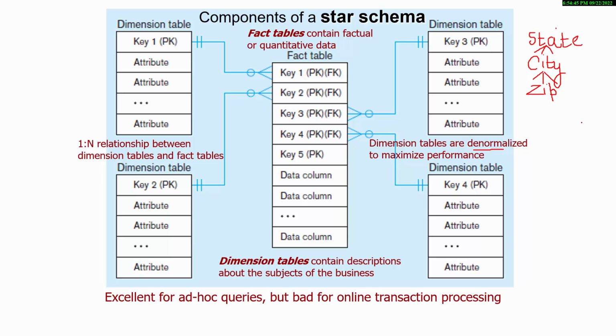Usually, if you are dealing with database tables, a lot of people like to store these fields in separate tables, as one table will be state, one will be city, one will be zip. That way, you don't have to repeat that information in all the tables. This is the concept of normalization. So when you denormalize, it means you will ignore this hierarchy and put all of these three fields in the same table.